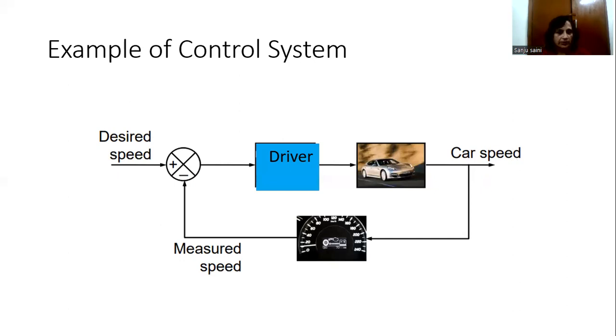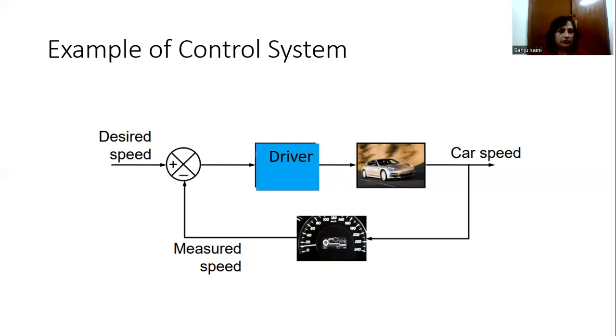Then since all of us are using ACs and refrigerators, there we have an automatic control system where we can control the humidity, we can control the temperature, and we can also sometimes control the total oxygen that is entering into a particular area. So there are a number of types of control systems, and a control system is present within our body, that is maintaining the temperature of the human being.